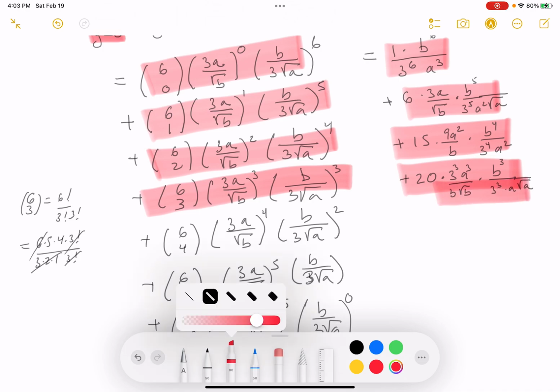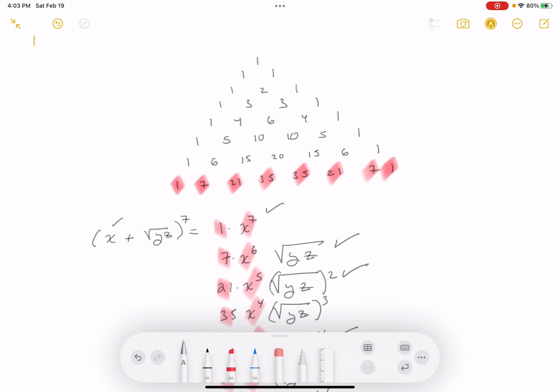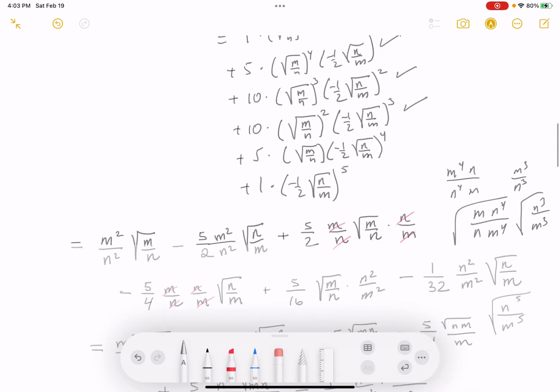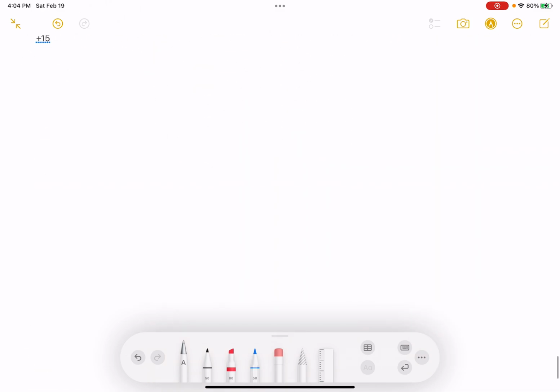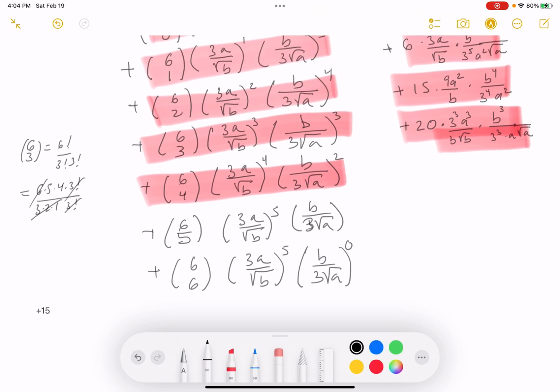All right, let's go to the next one. And I've got to be honest with you, I don't think I want to compute these anymore, because 6 choose 4 is the same thing as 6 choose 2, and 6 choose 2 is 15. Whoops. I don't know what happened there. I guess I pressed something, didn't I? Sorry about that. Let me go back to this over here.